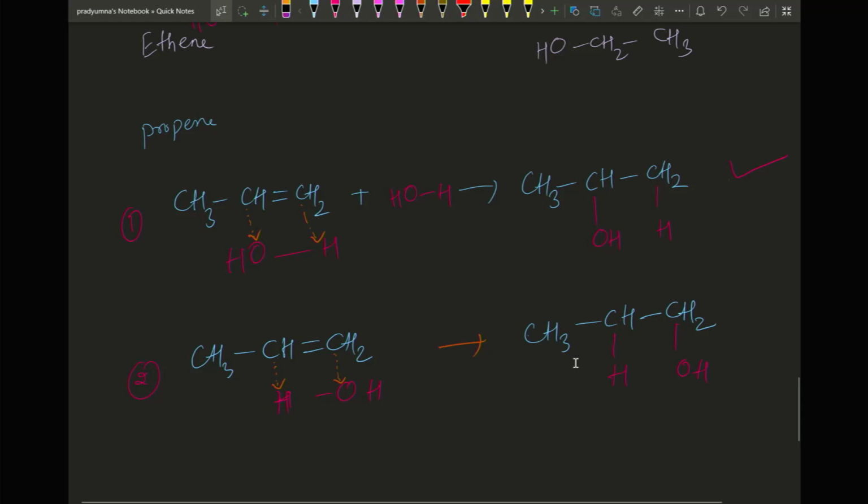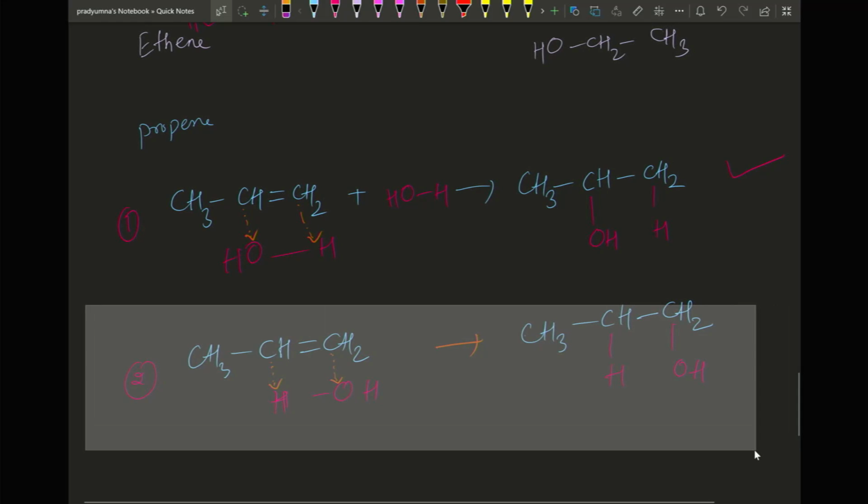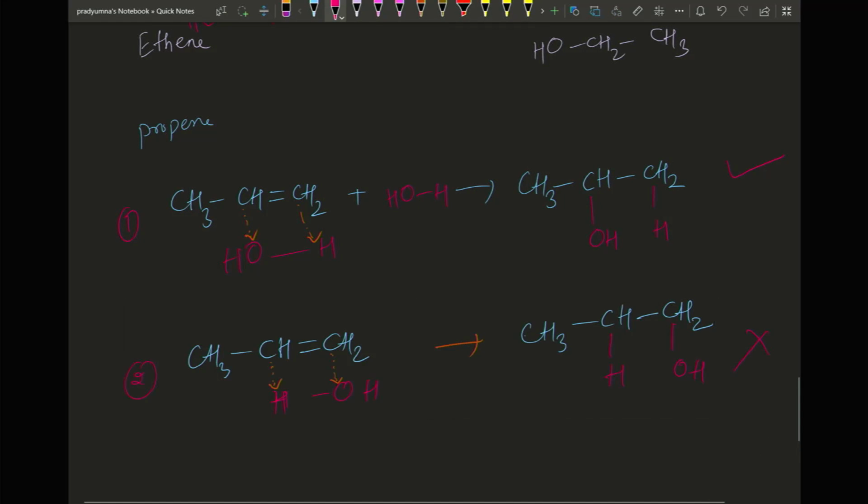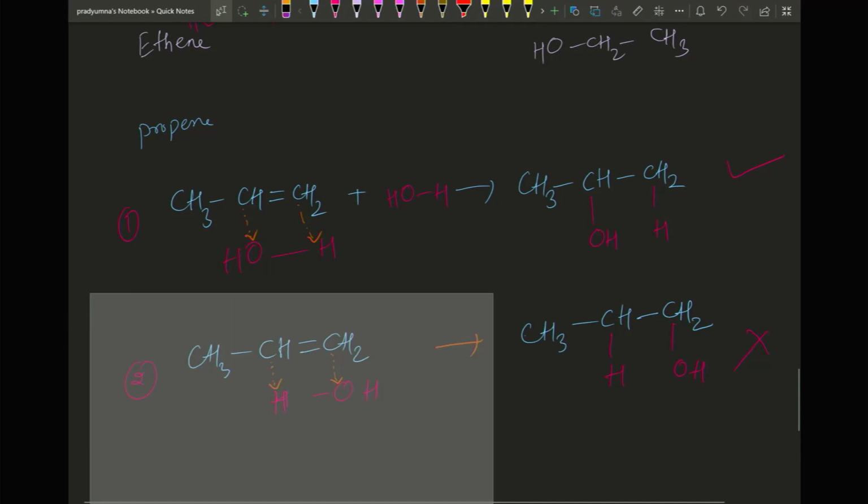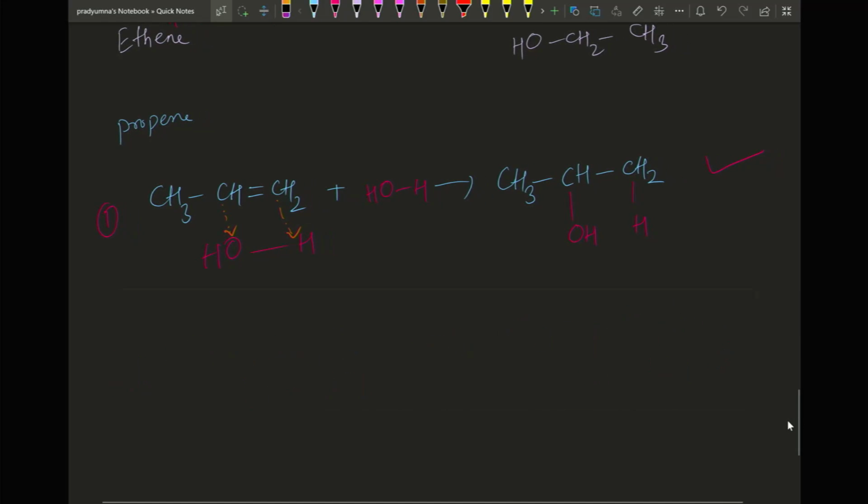So if you have two scenarios like this, you attach the hydrogen to the carbon atom that has already more hydrogens. So let me write this one down. So this is not possible. So let's delete this and write down the rule. So the rule is, hydrogen will go... this is called Markovnikov's rule.